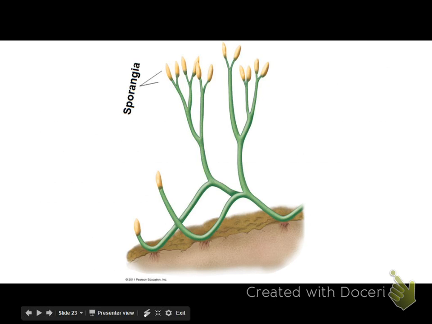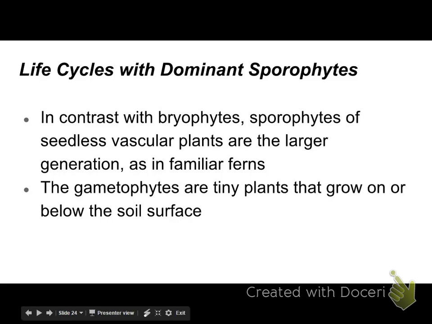And so this is the sporangia, what they were talking about back there too. Life cycles with dominant sporophytes contrast with bryophytes. Sporophytes of the seedless vascular plants are the larger generations, as in the ferns. The gametophytes are tiny plants that grow on or below the soil surface.